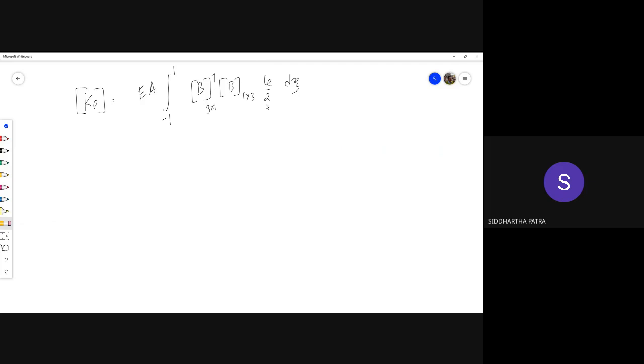so can you tell me what expression do you get? So you can take EA, then le divided by 2, and from B transpose B you are going to get 2 by le squared. So basically you are going to get it twice. So minus 1 to 1.